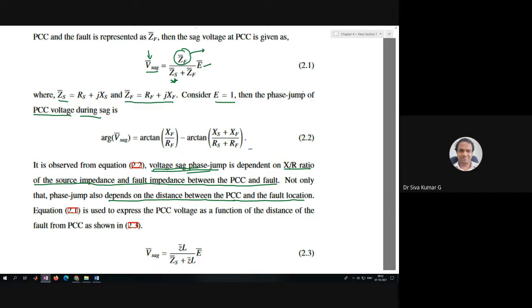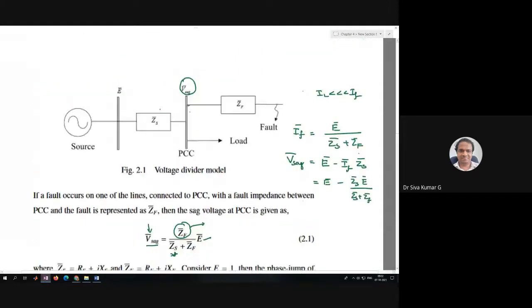Why is it going to vary? Because of the fault location. If it is nearer to a bus or near to the PCC, then the fault impedance is very much lower also. If the fault location is very far away, then you have more voltage drop. So you can see this particular equation.